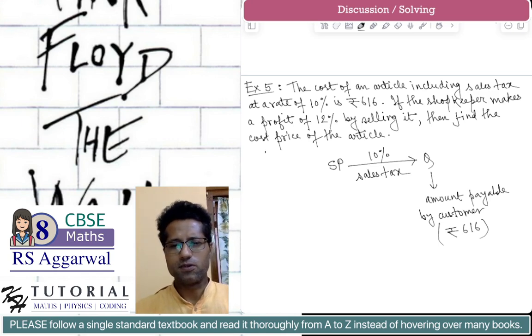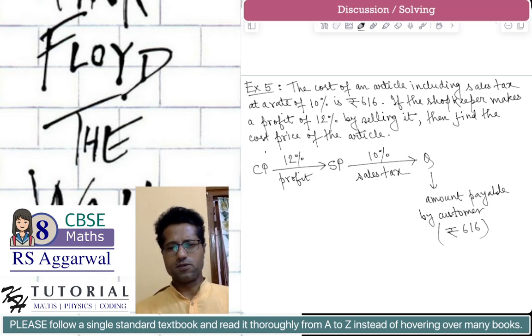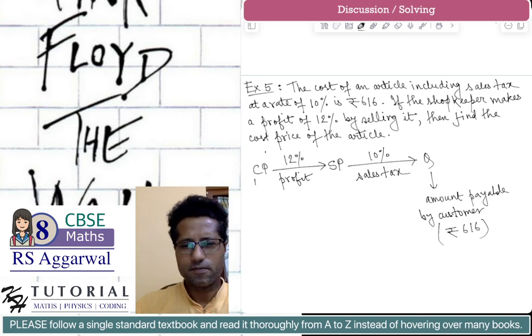So if the cost price is CP, a profit of 12% on the cost price is giving the selling price. We can calculate the selling price, and once we know the selling price and the percentage of profit, we can calculate the cost price. So let's say the cost price is rupees X.